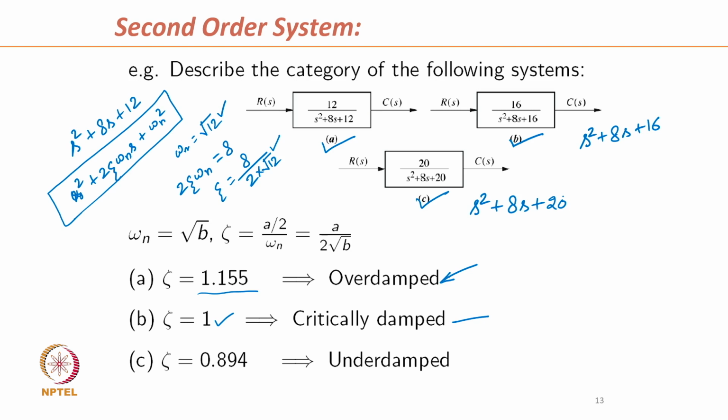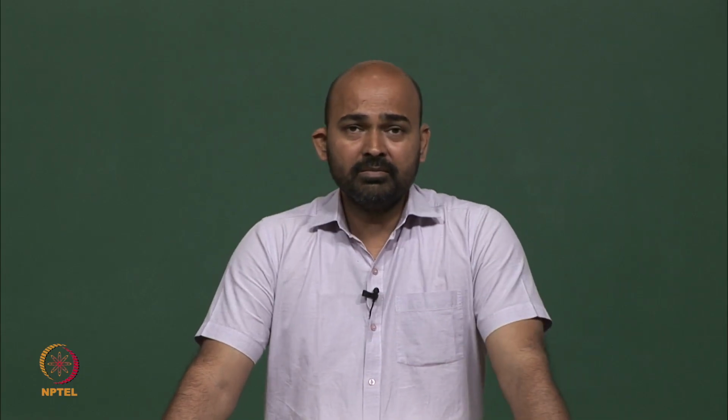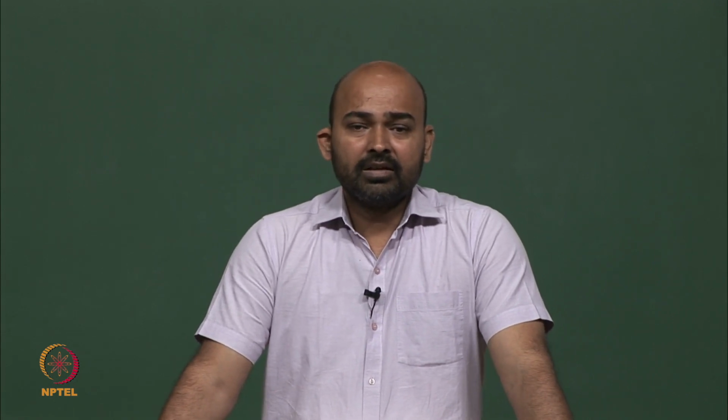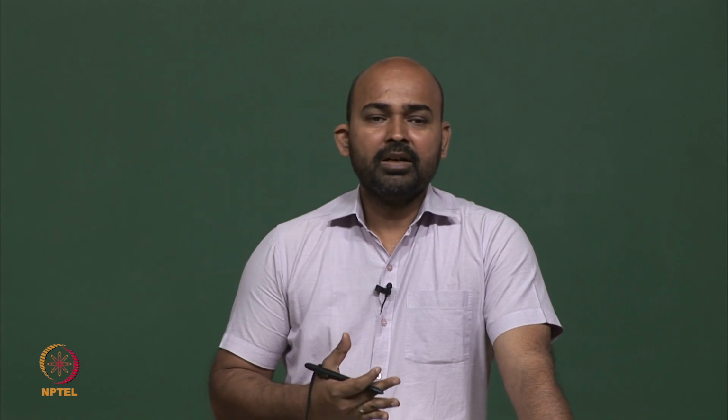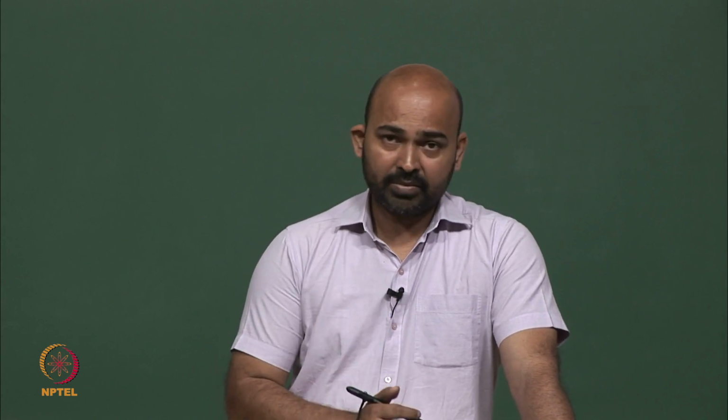You can compare again with the characteristic equation, and zeta is 0.8, which is an underdamped case. So, using the characteristic equation and looking at the transfer function of the system, we can know whether the system is overdamped or underdamped, and based on that we can calculate how the system is going to respond if we apply a step input to the system.